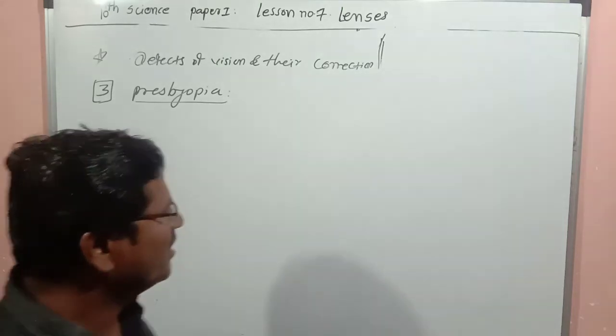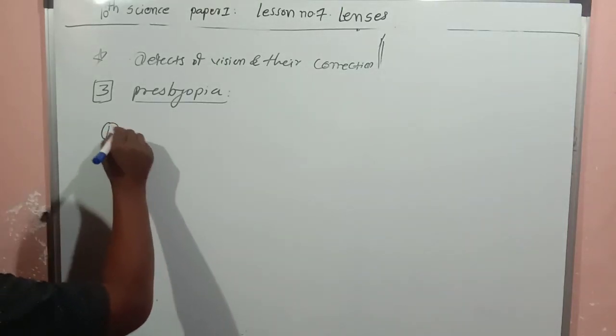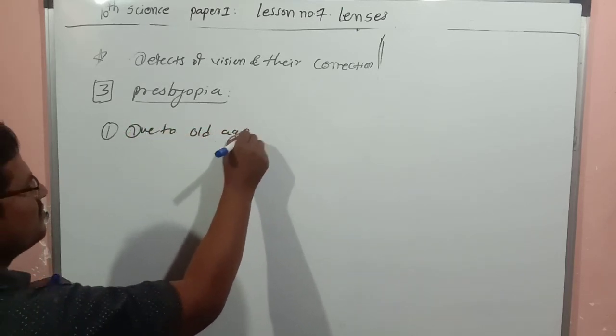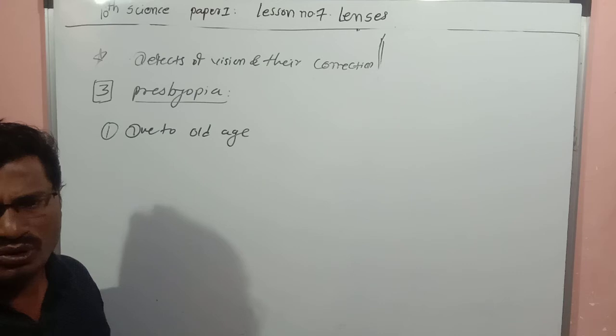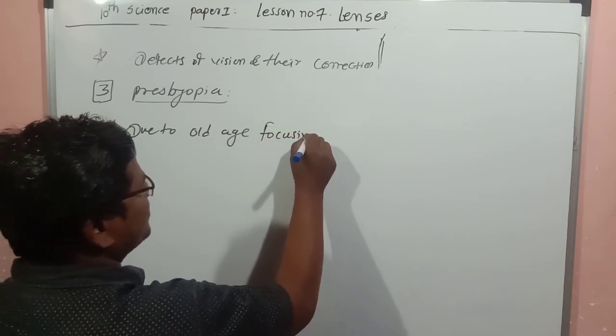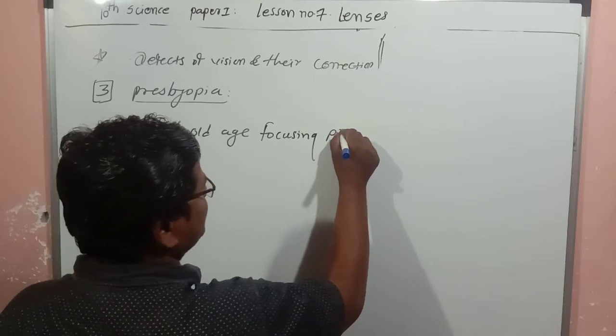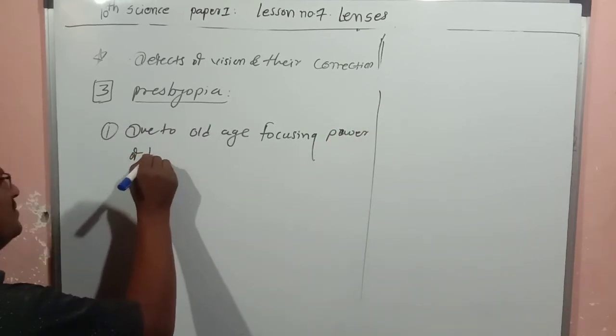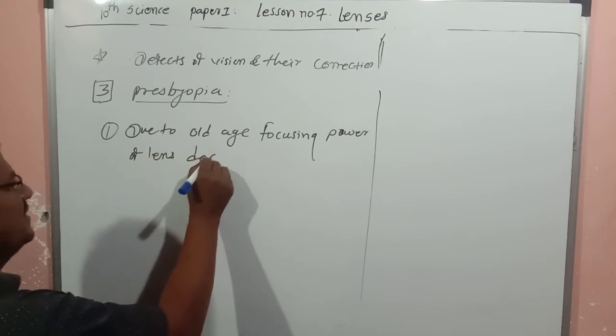So now we will write the points. First, due to old age, the focusing power of the lens decreases.